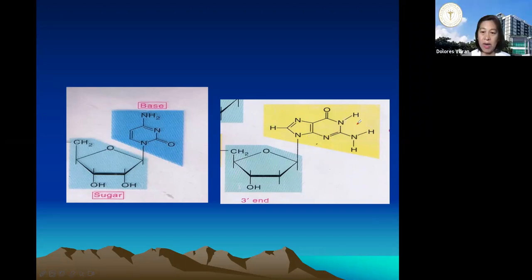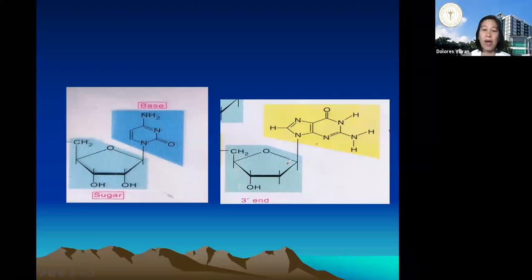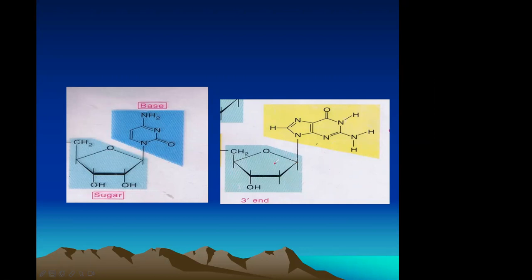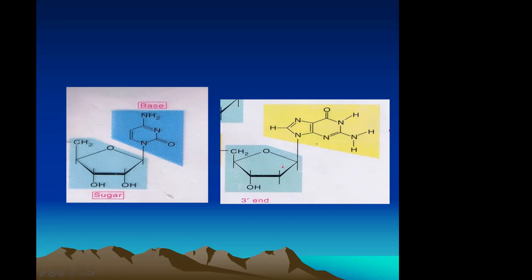How about this one on the right side? What is this base? With an amino and oxygen. Guanine. Then you add the sugar. What is this nucleoside? Guanosine. Are you sure it's guanosine? Take note of this part. This is the second carbon.